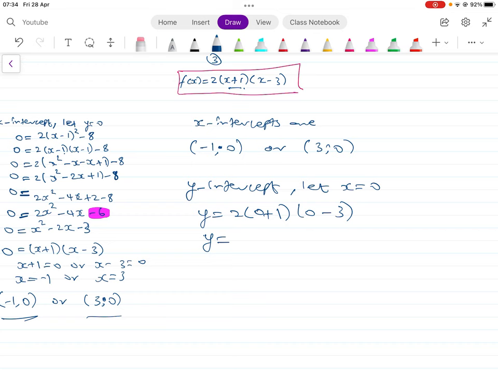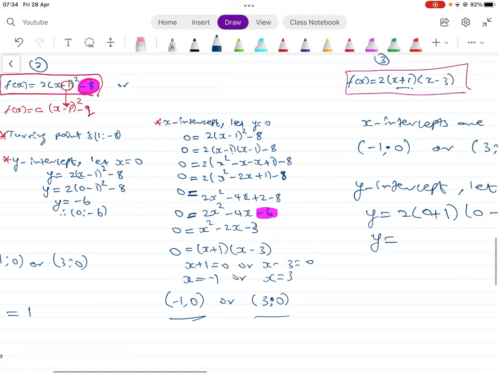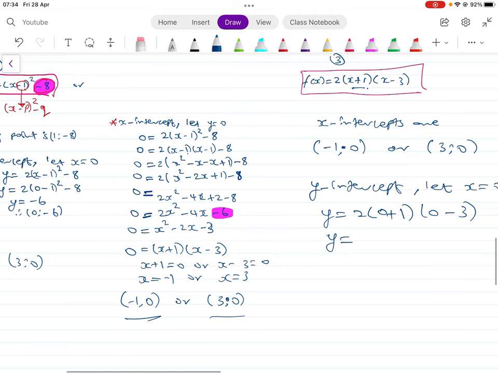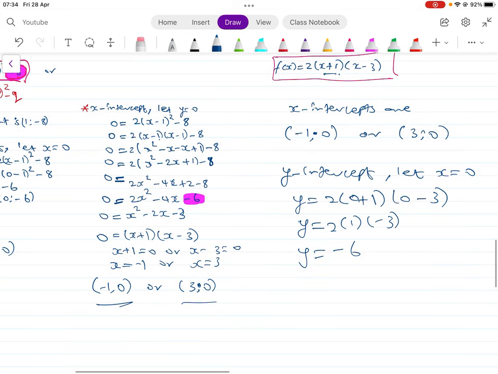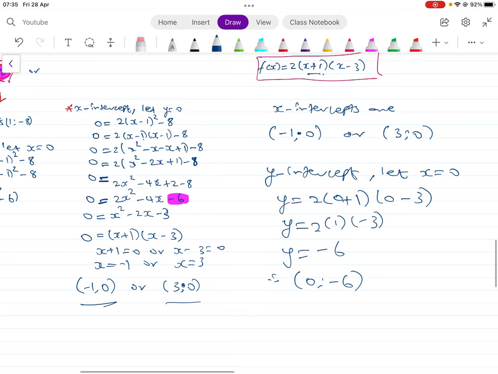You can put everything on a calculator. You'll get that your y is supposed to be equals to pretty much the same y as that one, because this is going to be 2, 1, -3, that is -6. That is your y-intercept. Therefore, the y-intercept, because remember the y and the x-intercepts, they are actually coordinates. Those are points. You must write them as points. So with the x-coordinate and the y-coordinate, the x-coordinate is 0, the y-coordinate is -6. We call them a pair of coordinates, or a point.